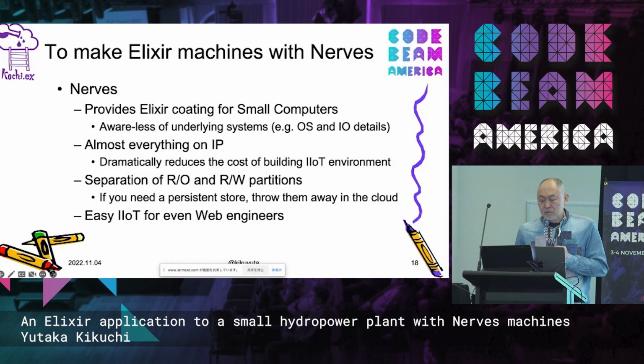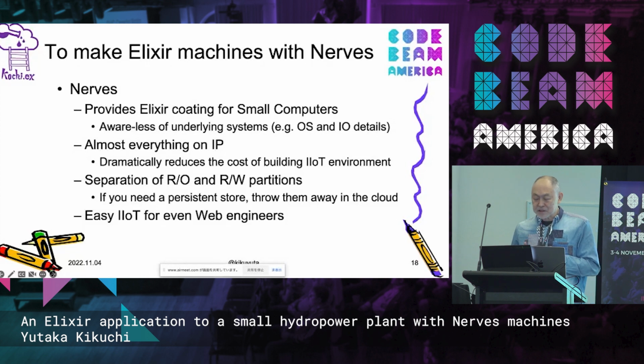To make special machines that run Elixir, we adopted Nerves. As you know, Nerves is the platform of IoT in Elixir. It prepares small board computers as Elixir machines, because it has underlying systems, for example, operating systems and I/O details.